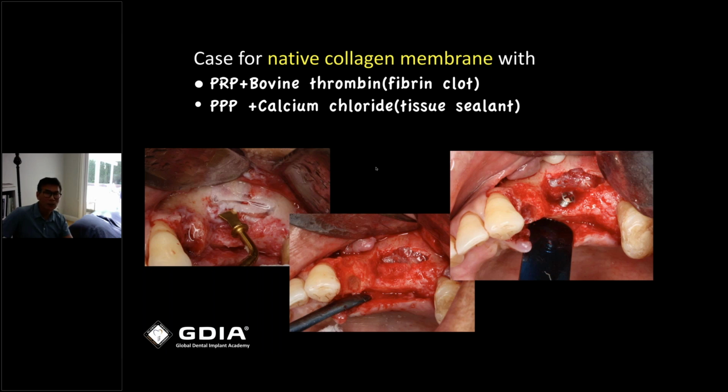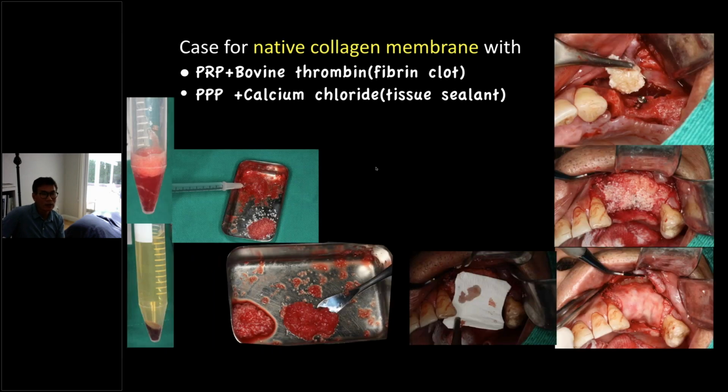So let me go through one quick case for the PRP. Native collagen membrane, the PRP and bovine thrombin, which makes a fibrin clot, and then platelet-poor plasma, which is good for the tissue, with calcium chloride. So I'm using these two chemicals, and I spin down twice with high RPM, and then I just mix it into either xenograft and mineralized cortical cancellous bone, and you can see it.